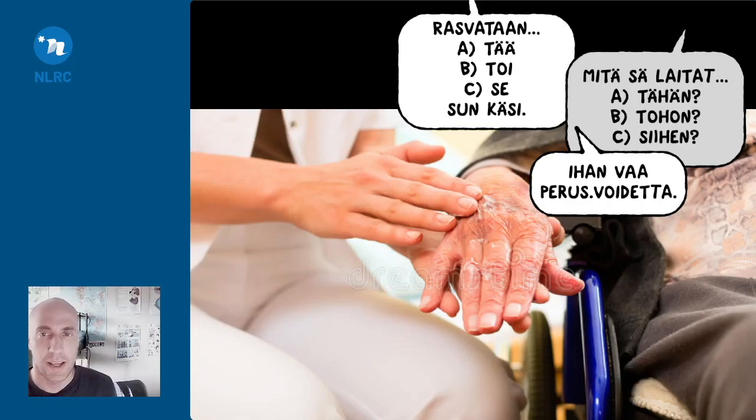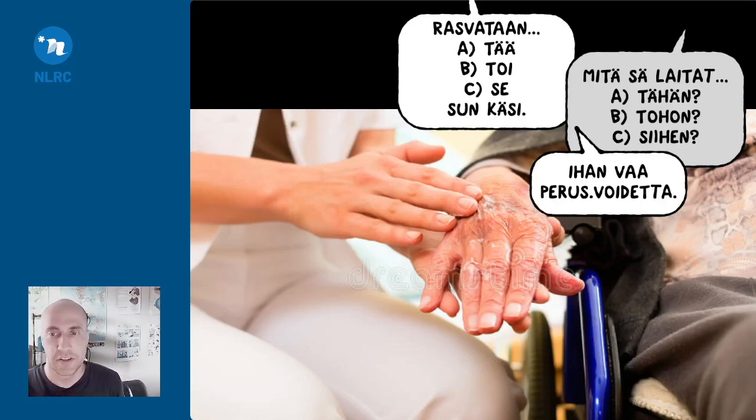I would say A and C. Rasvataan tää sun käsi. Let's apply lotion to this hand of yours, since although it's not physically the nurse's or the doctor's hand, it's clearly something they are handling, something they are working on, something that's associated with them.